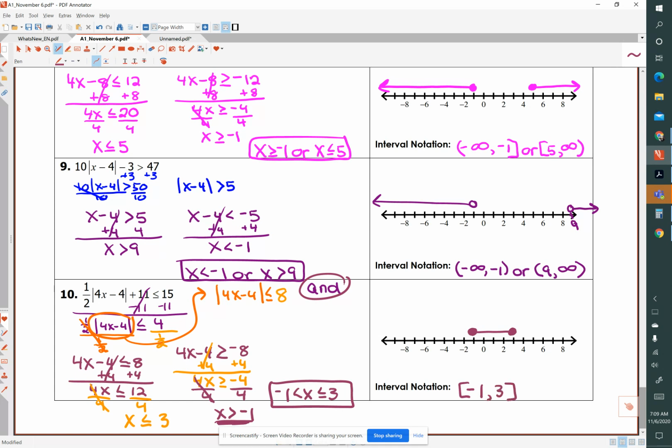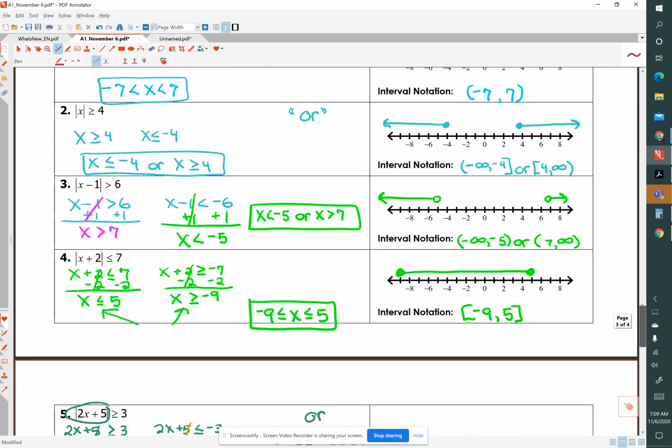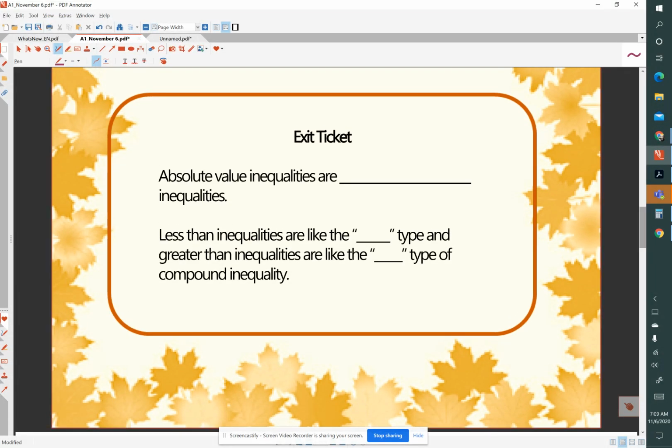And that's our 10 problems for today. But let's go back to our exit ticket. Absolute value inequalities are really compound inequalities.